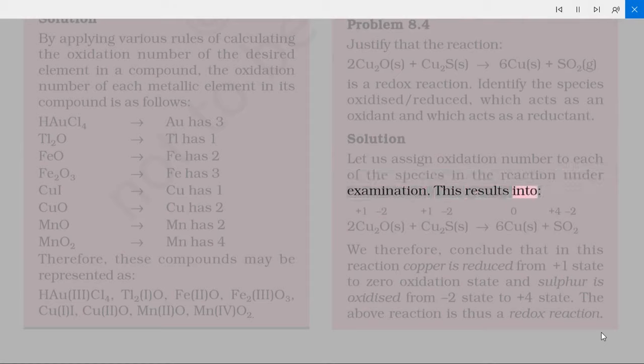This results in +1 -2, +1 -2, 0, +4 -2 for 2Cu2O(s) + Cu2S(s) → 6Cu(s) + SO2. We therefore conclude that in this reaction copper is reduced from +1 state to 0 oxidation state and sulfur is oxidized from -2 state to +4 state. The above reaction is thus a redox reaction.